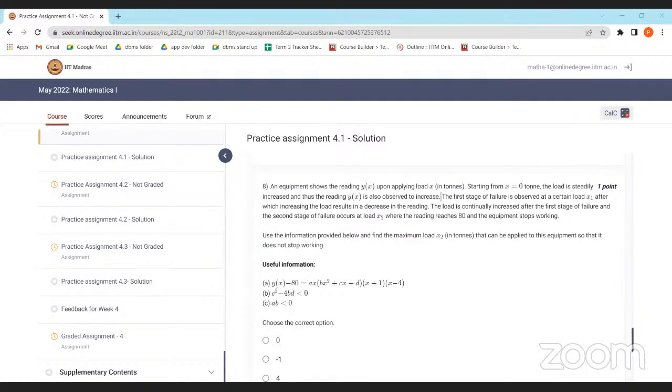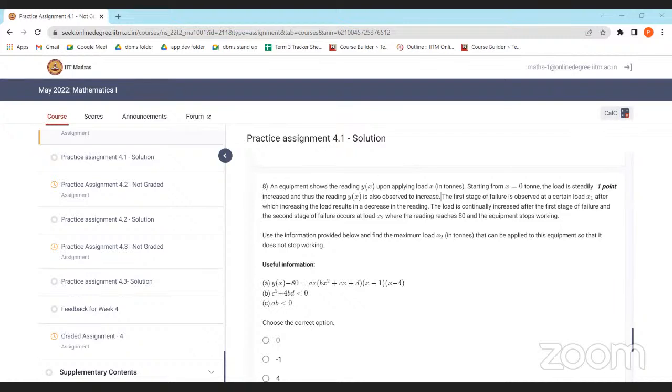If we put x equal to 4 in the equation, then we have to find the point at which it will stop working. So when we put x equal to 4, it will stop working. If we increase that value of x, then you can see the condition greater than or equal to 0, right?